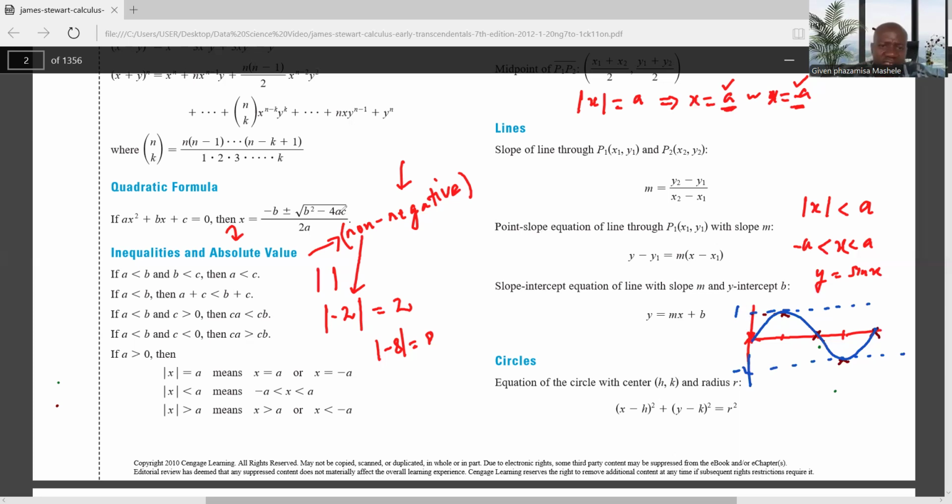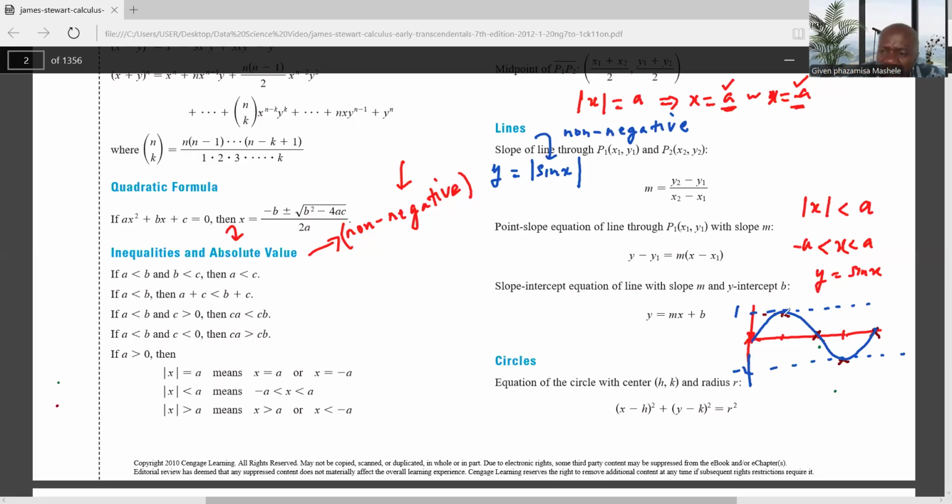But once we are requested to sketch the graph of y equals, and then we put the absolute value, it means now we are sketching an absolute function of sine. Because this expression is now inside an absolute value, it should be a non-negative function.